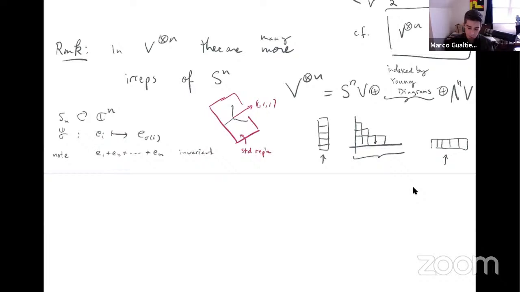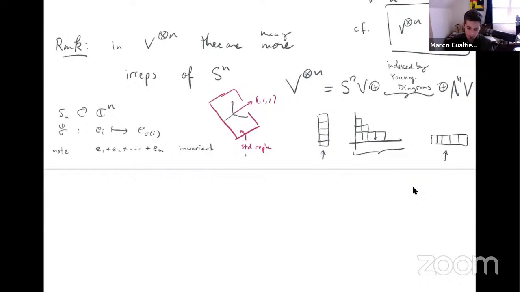And it corresponds to the Young diagram where you have n minus 1 boxes and then 1 box left out.